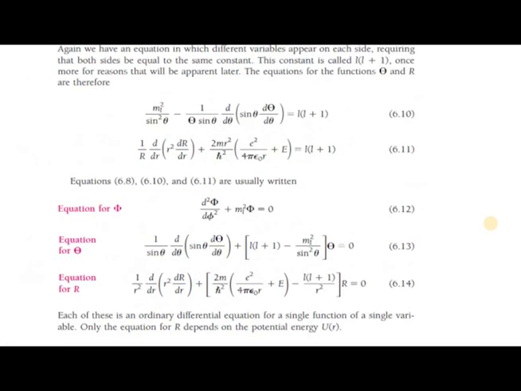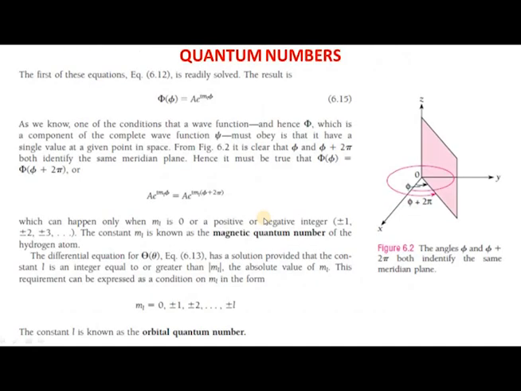So the first equation, if you solve it, is somewhat similar to the simple harmonic equation. We'll get the solution of the form phi of phi is equal to a e raised to i ml phi.